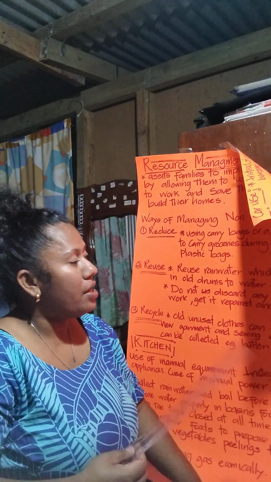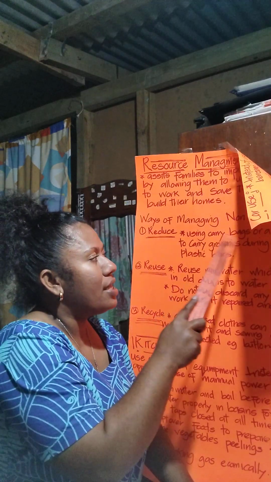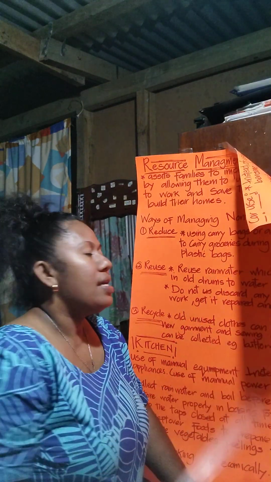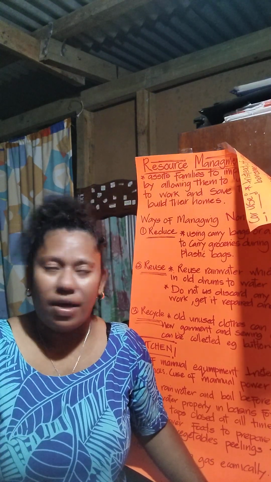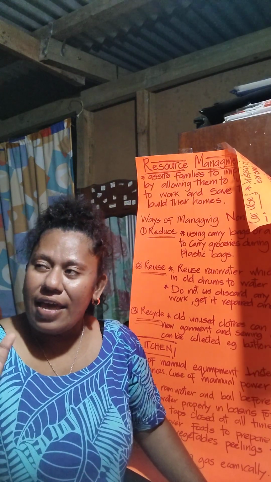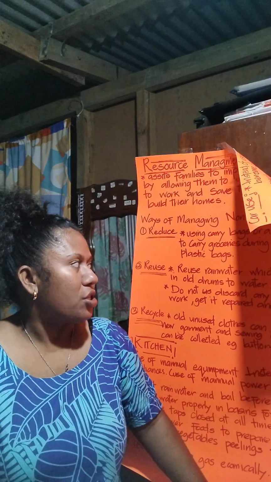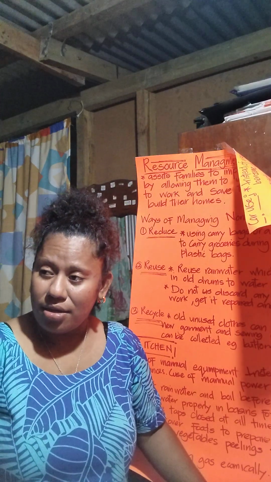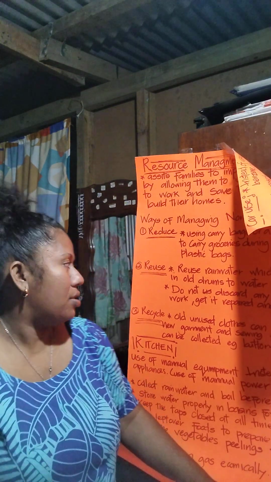Okay, some ways of managing non-renewable resources is, for reduce, using carry bags or special shopping bags to carry groceries during shopping instead of plastic bags. If you have carry bags or special shopping bags at home, every time you go shopping, make sure to use those carry bags instead of buying plastic bags. Okay, because plastic bags cost money and also cause pollution.